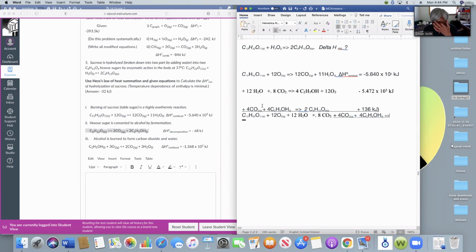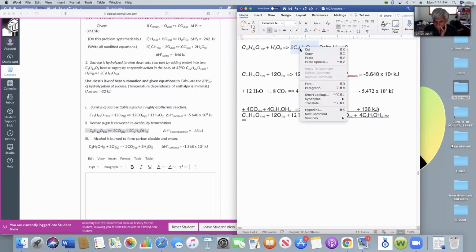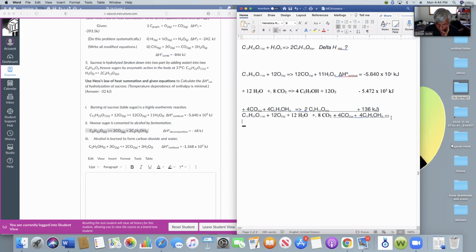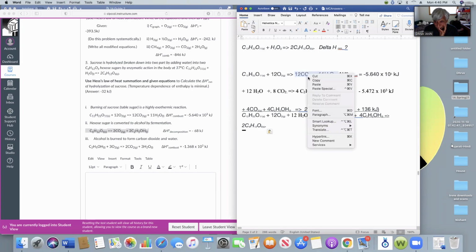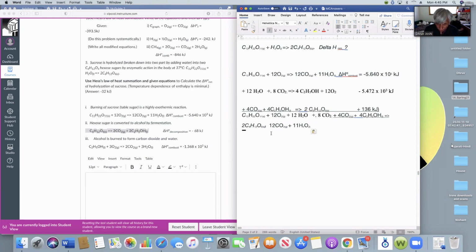And the products, on the product side, we have this. Two of that. We have here two of these plus, and we have this product side here.